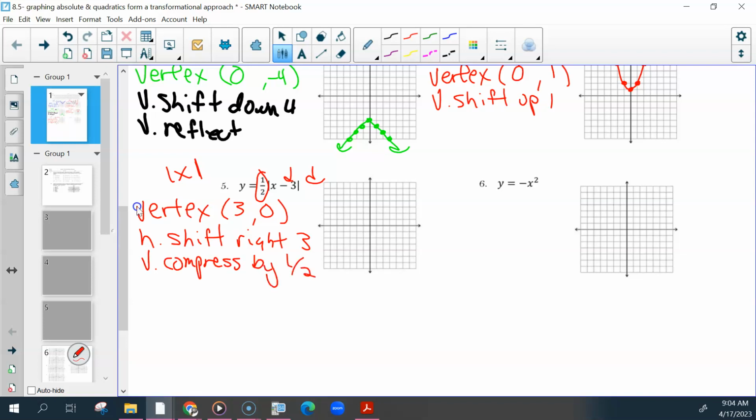So we can still start at 3, 0. It's absolute value, so it's going to be a V. So instead of going up 1, right 1, and up 1, left 1, this is now our slope. So we're going to go up 1, right 2. Up 1, left 2.